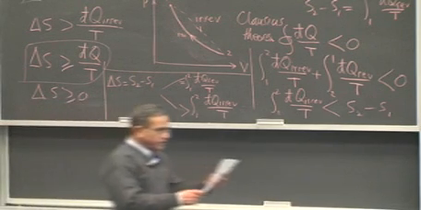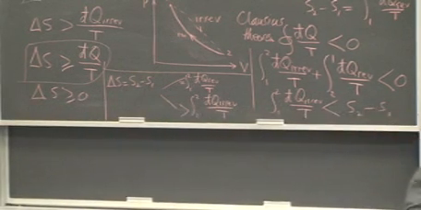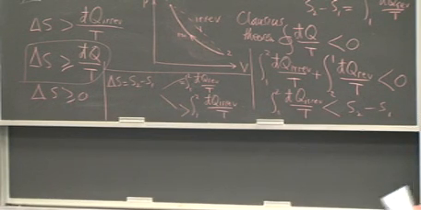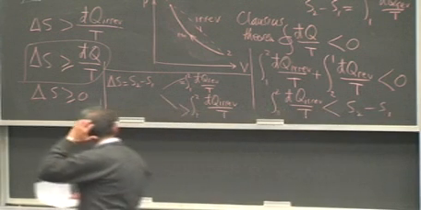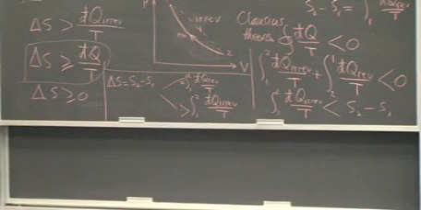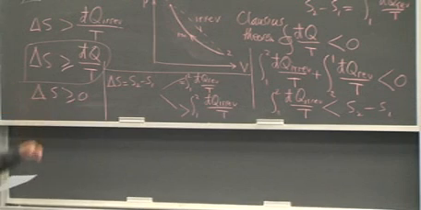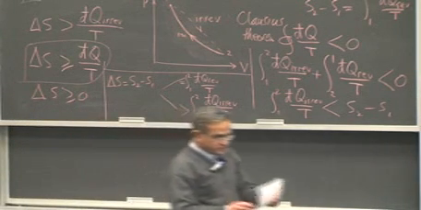And for isolated systems, which means system plus surroundings, heat dq is equal to 0, therefore delta S is greater than or equal to 0 is the statement.